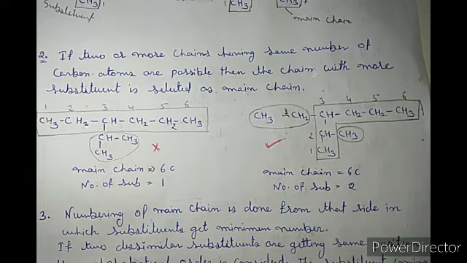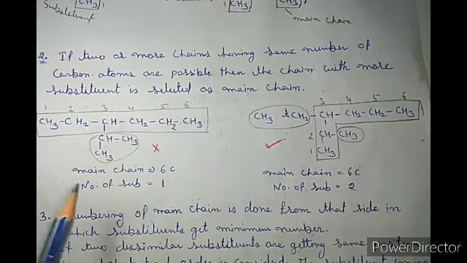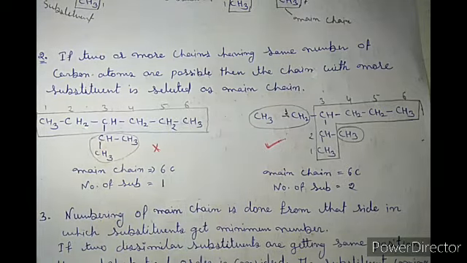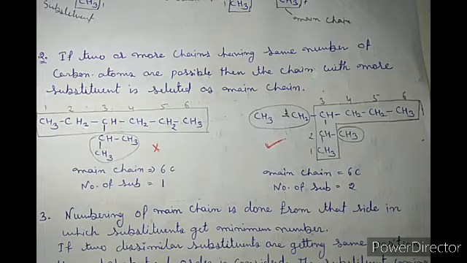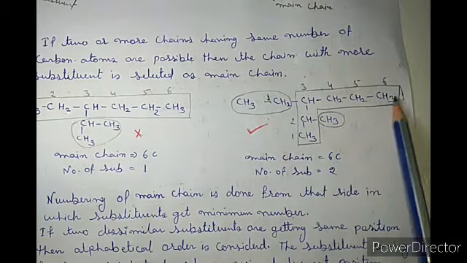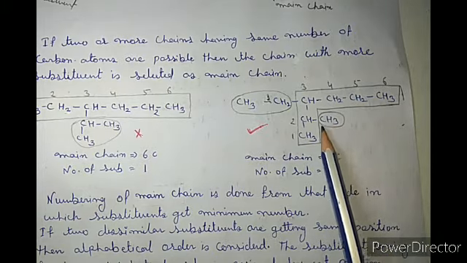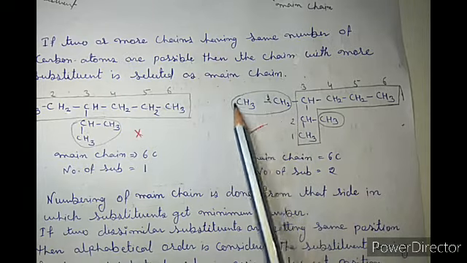Got it? Now, if we consider this main chain, then this group is the substituent. That means here 6 carbon atoms are in the main chain and one group remains as a substituent. But if we consider this as the main chain, then it also has 6 carbons, but it has two substituents, that one and that one.